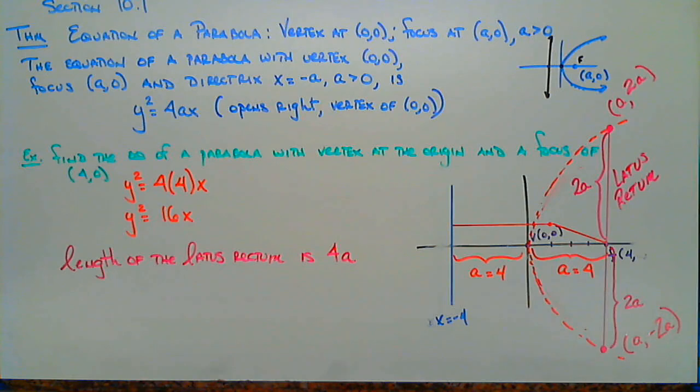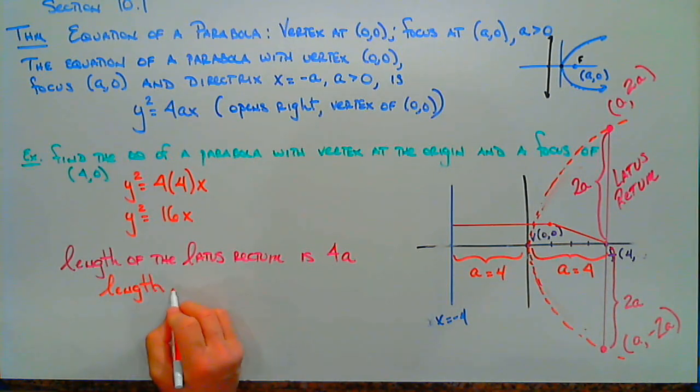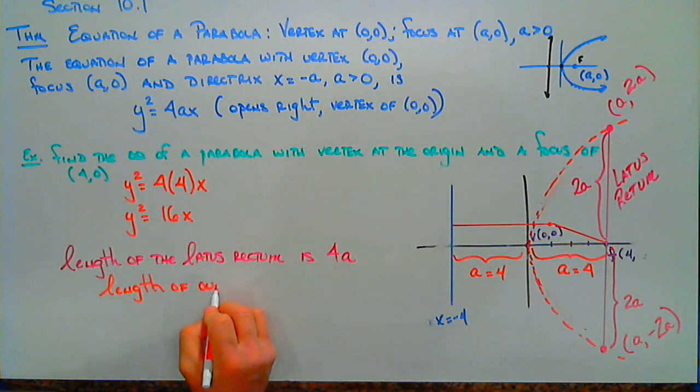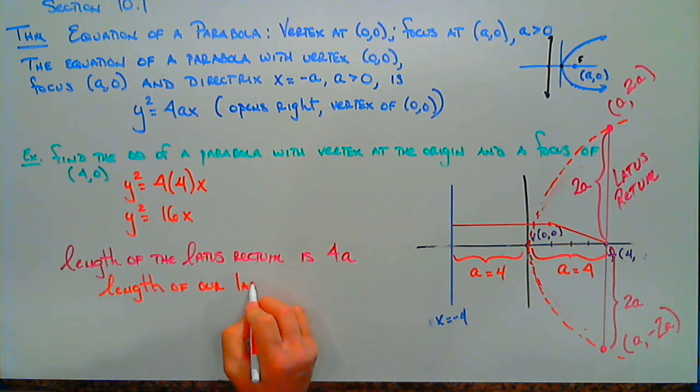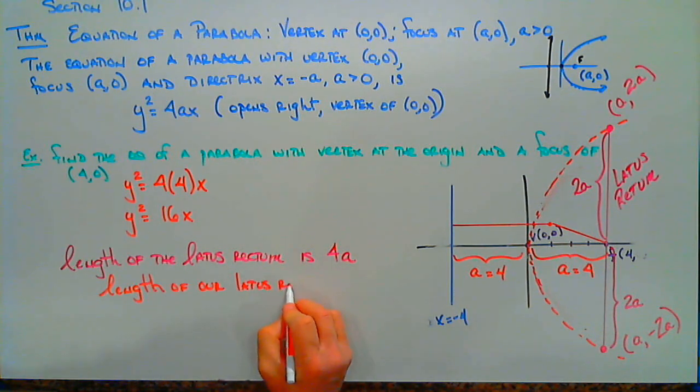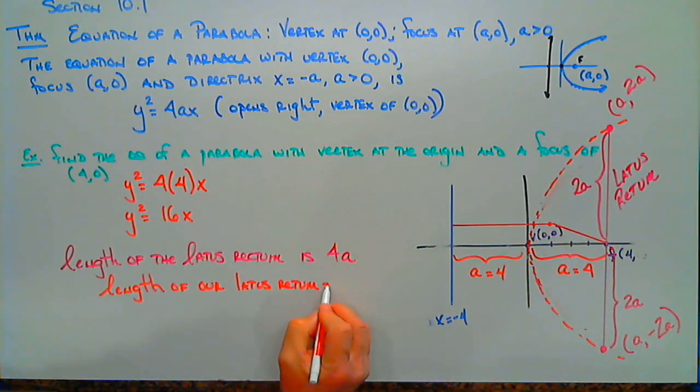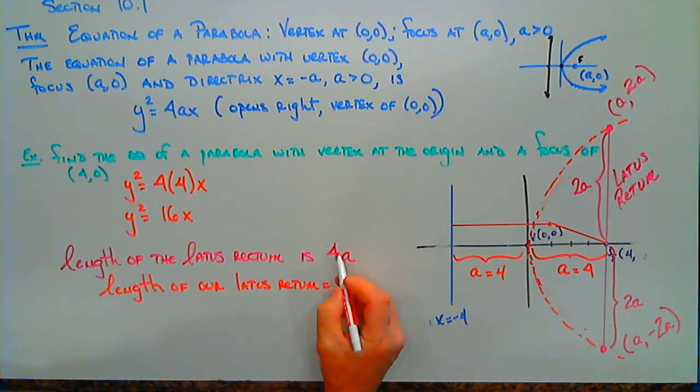And we can find those points, right? What's the length of our latus rectum? We'll switch back to red since we're solving our problem in red. So the length of our latus rectum equals what? It's 4a.